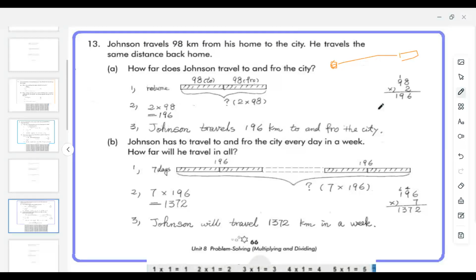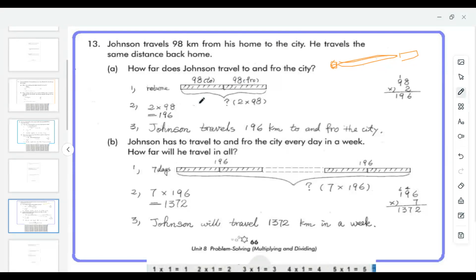So, he has to go to work, and come back. Is that right? They should be the same distance. Now, we just say this is called a return, right? Return. One way he goes is 98 kilometers. When he comes back, 98 kilometers, right?